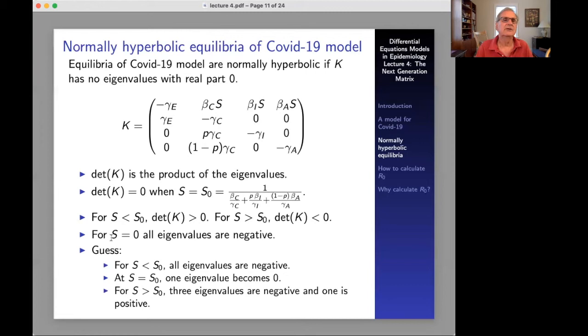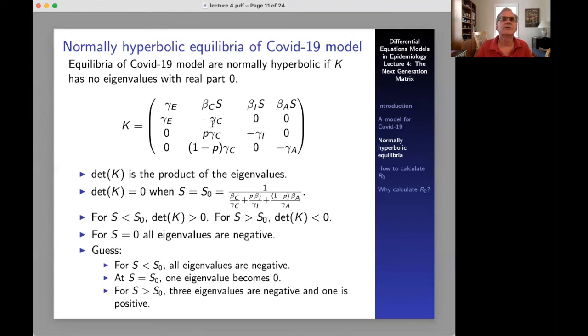Let's start down here. Let's look at an equilibrium with S equals 0. When S is 0, these three terms become 0. So then all the terms above the diagonal are 0. If you have a matrix where all the terms above the diagonal are 0, or a matrix where all the terms below the diagonal are 0, then it's really easy to find the eigenvalues.